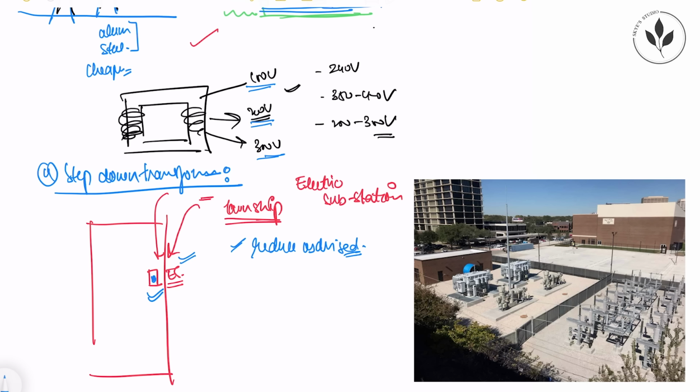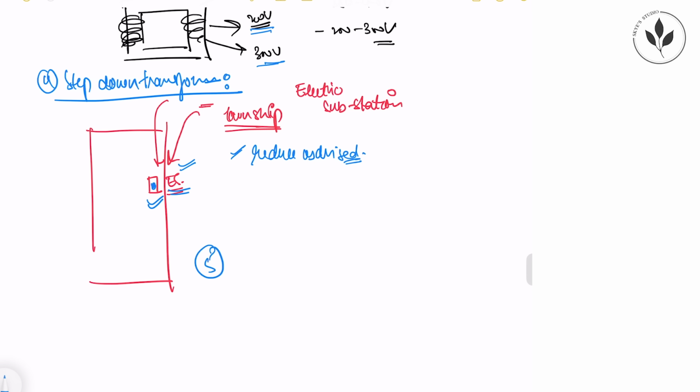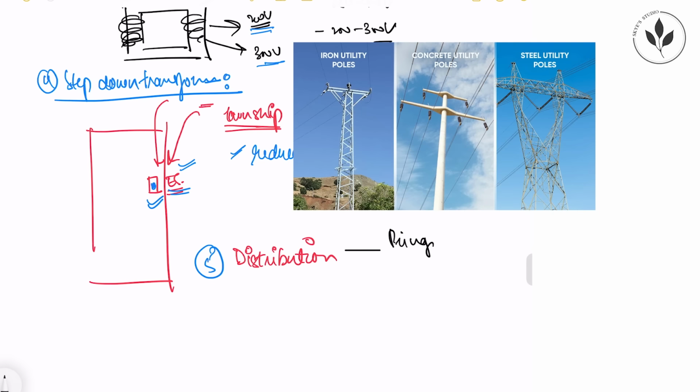It is easy to manage the local distribution after the electricity comes into your electrical substation for stepping down, because after this substation there will be a distribution of two types, which comes under our next step, called distribution. Now, distribution is of two types. One is primary distribution and the second is secondary distribution.